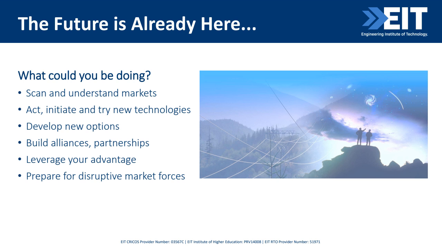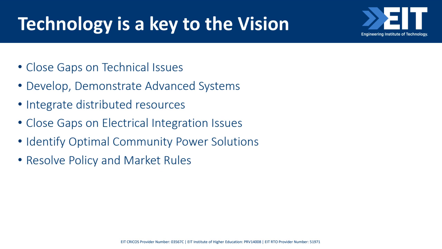So what can technology do? I think we need to close the gaps on technical issues. My friends, we have to demonstrate any advanced system. We have to integrate the DERs. We have to close the gap on integration. We have to look at community solutions.